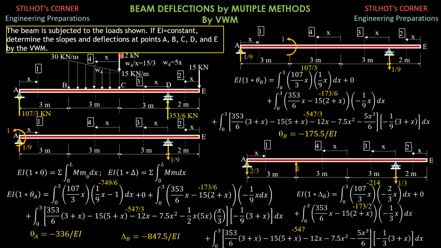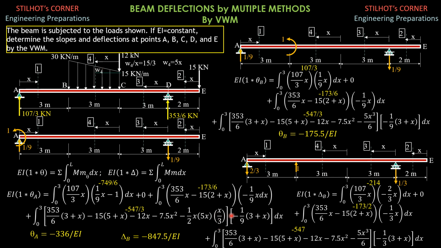Then minus the moment of this load, 12 times x, minus the moment of the rectangular loading, 15 times x over 2, so that's 7.5 x squared, minus the moment of this triangular loading, 1/2 of x times W4, which is 5x, then the moment arm is x over 3.